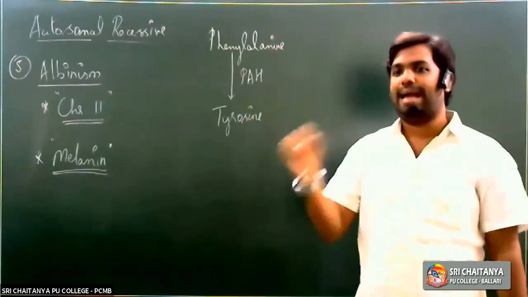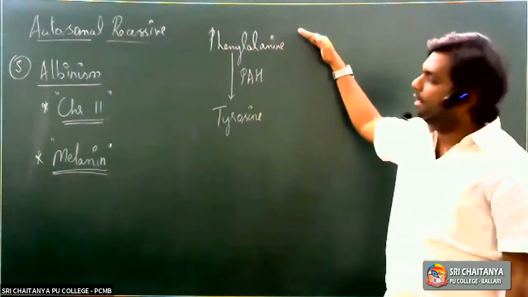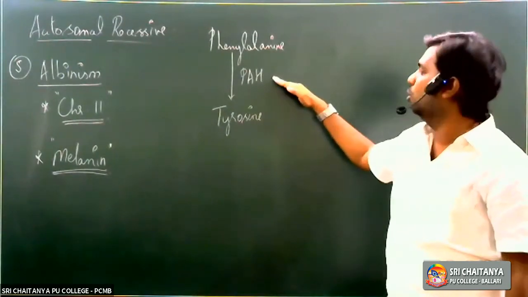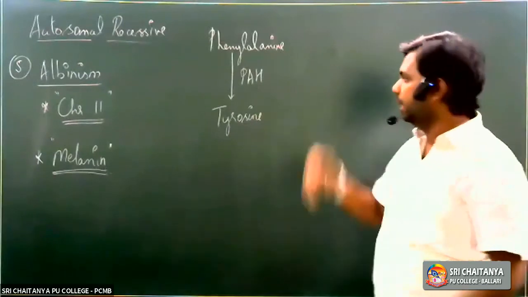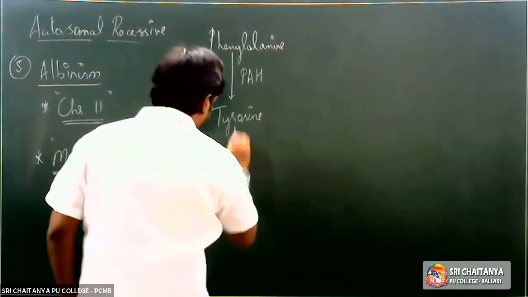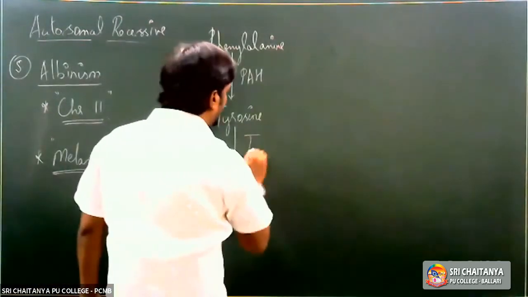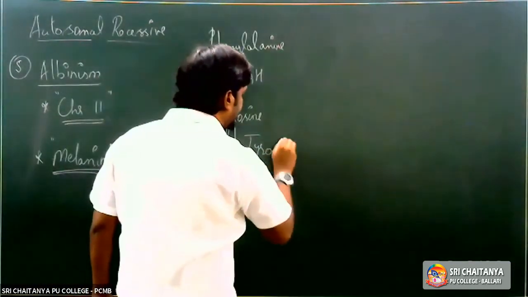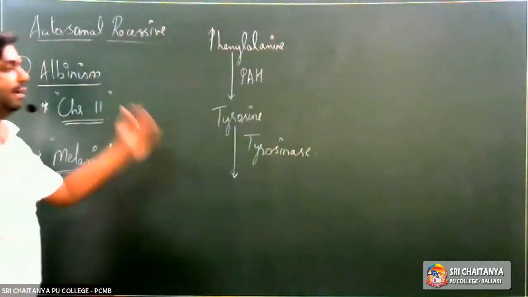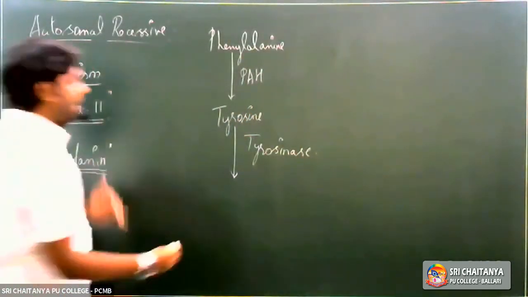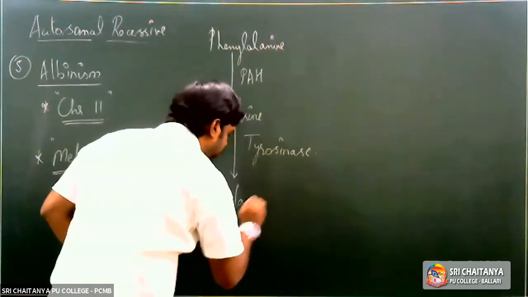In albinism, the precursor is the same, phenylalanine. Phenylalanine, in the presence of phenylalanine hydroxylase, would be transformed into tyrosine. That is the first stage. Second, this tyrosine, in the presence of an enzyme called tyrosinase, will start forming a pigment called melanin.